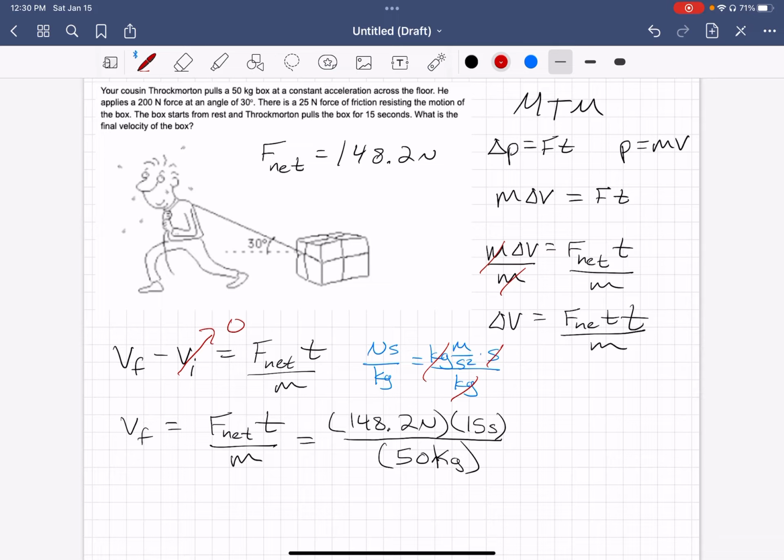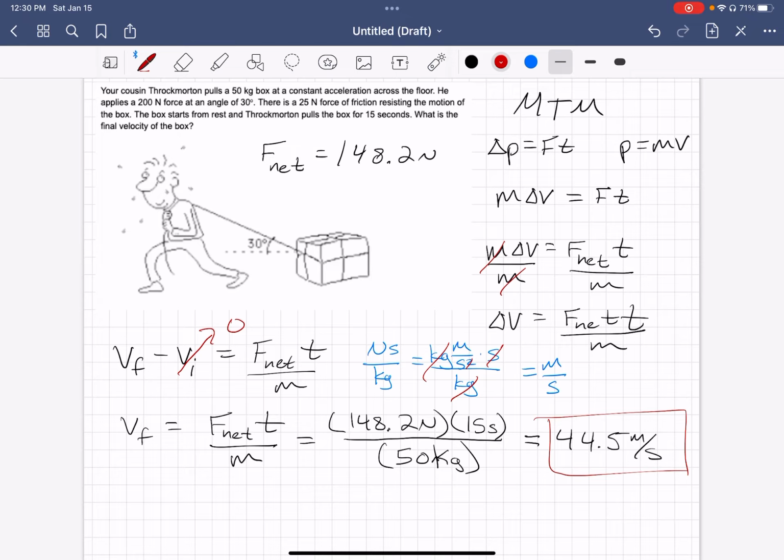And then this second is going to cancel out the squared on that other one, which leaves me with units of meters per second, which is what I expect for a velocity. So now that I know my units are good, I'm going to plug this into my calculator to get 44.5 meters per second. And that would be the final velocity of the box.